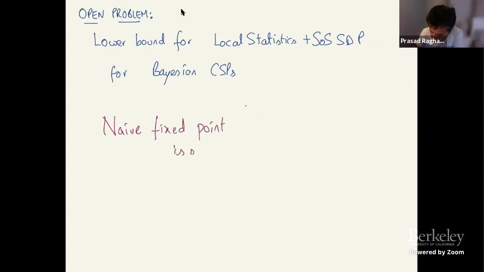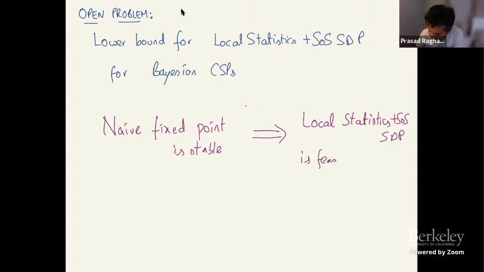So here's a question: when the naive fixed point is stable, prove that local statistics plus SOS SDP is feasible, even on random graphs in the null distribution.